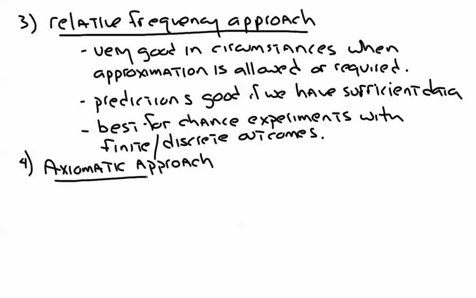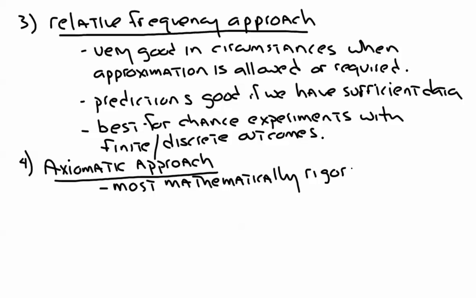The axiomatic approach uses mathematical tools in the most rigorous way. It's the most mathematically rigorous. It uses set theory and other mathematical tools that you are already familiar with.